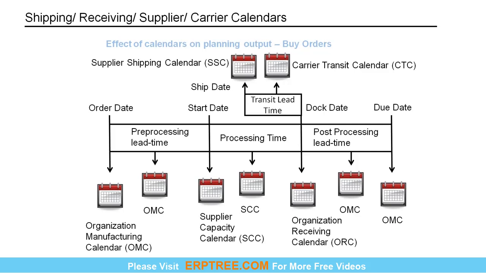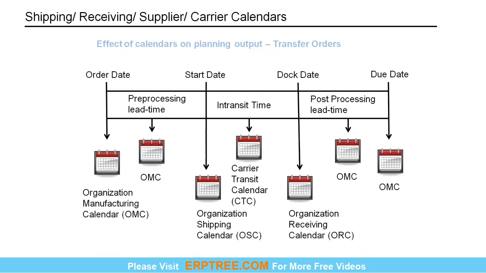Based on the holidays specified in the calendar, the pre-processing lead time, processing lead time, post-processing lead time, the transit time, everything might vary, based on whatever holidays or working days you set up in the respective calendars.